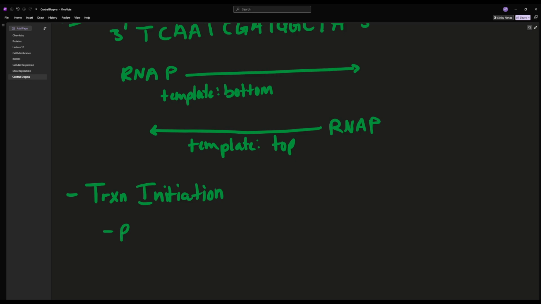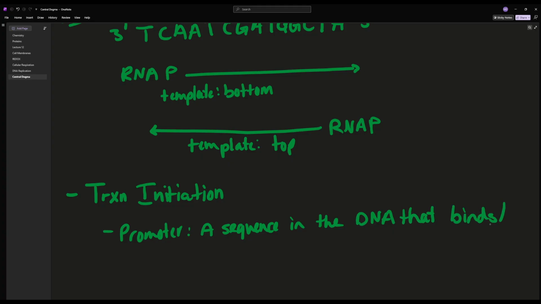So the promoter is a sequence in the DNA that you'll see either binds or recruits RNA polymerase to begin transcription.